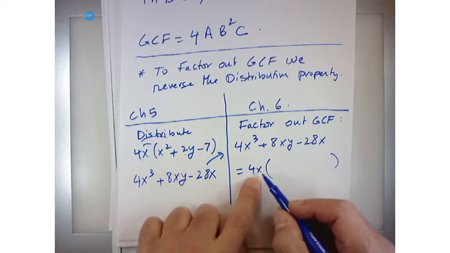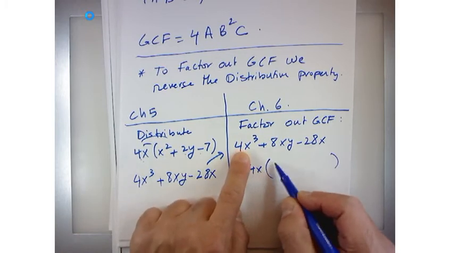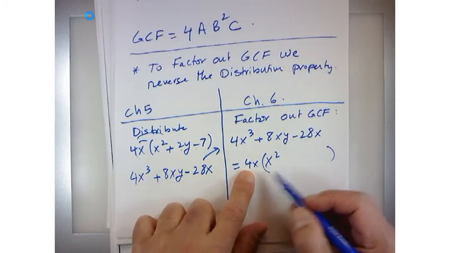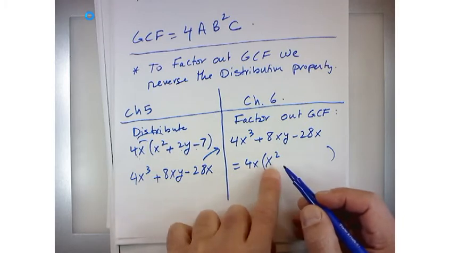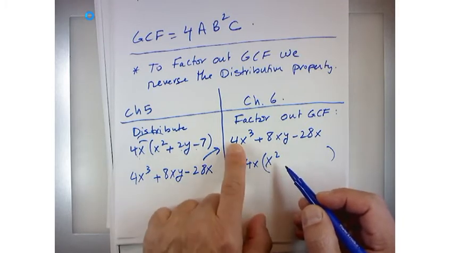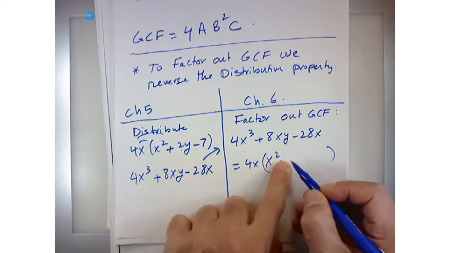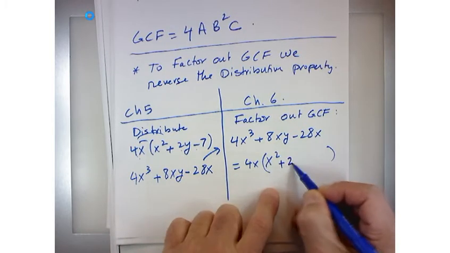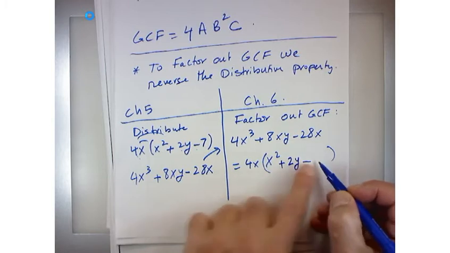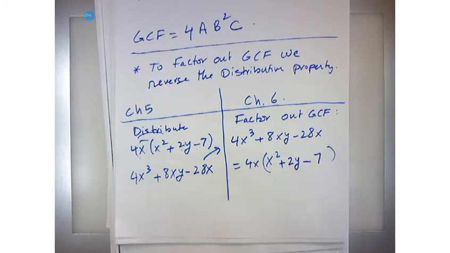So we divide 4x into 4x cubed, we get x squared, or we could do the reverse. We could say 4x, what do I multiply it by to equal 4x cubed? So I have to multiply it by x squared. And then 4x, what do I multiply it by to have 8xy? It's 2y. And then 4x times negative 7 would give me negative 28x. All right, more examples.